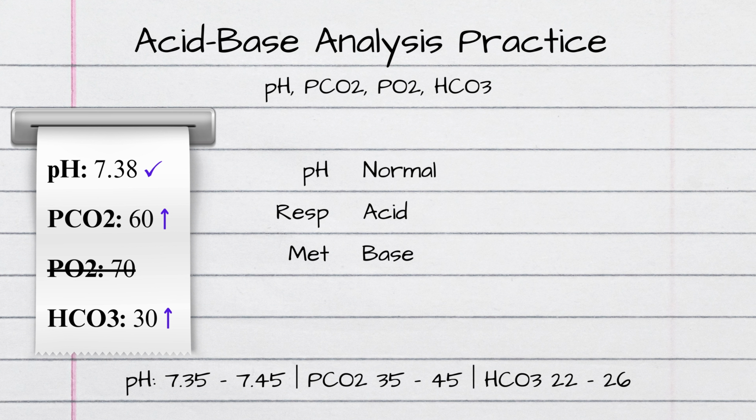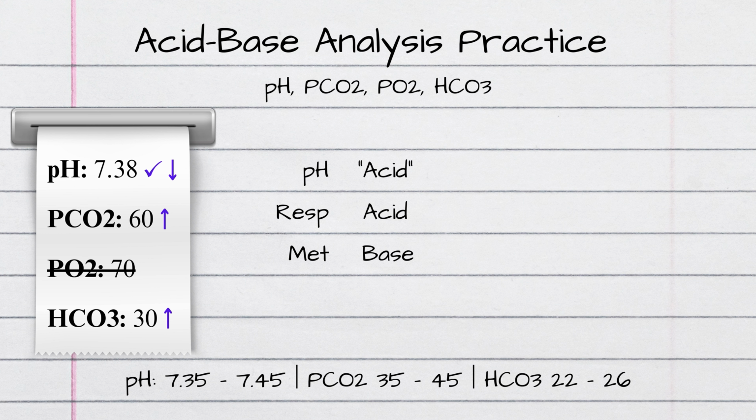There is no match here. Well, in this situation, rather than using a range, we need to choose a singular number as our center point. For the purposes of interpretation, we will use 7.4 to be the perfect pH. Since the pH falls below 7.4, it is leaning slightly more toward acid, even though it is a normal value.